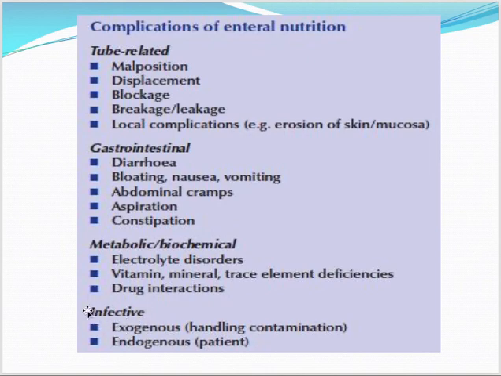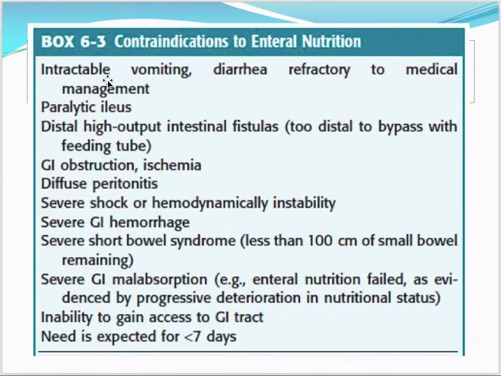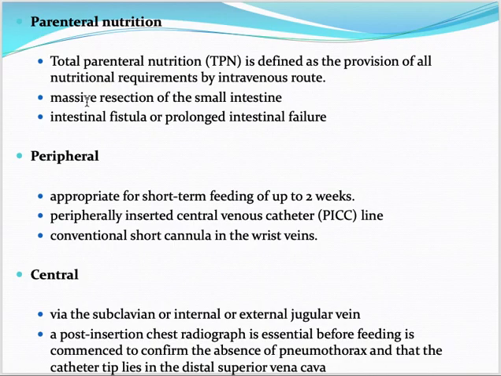And what is parenteral nutrition? As I told you, when we are giving anything other than the intestinal route. When we are completely giving everything by other than the intestinal route, or someone has, for example, contraindications like this, we call this TPN, or total parenteral nutrition.